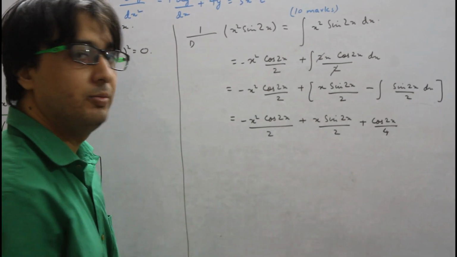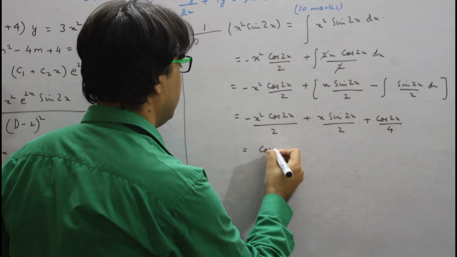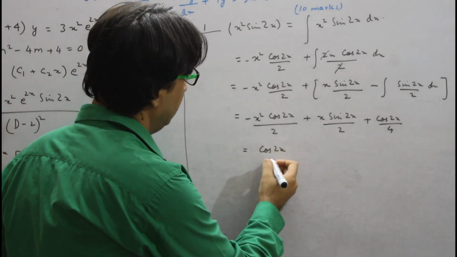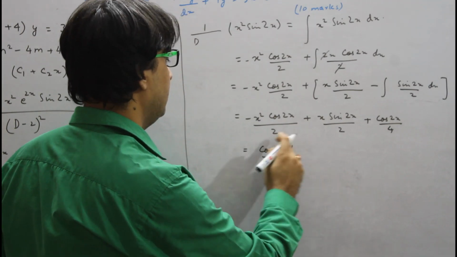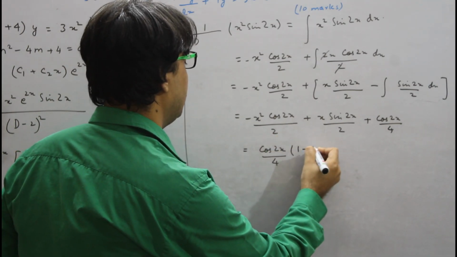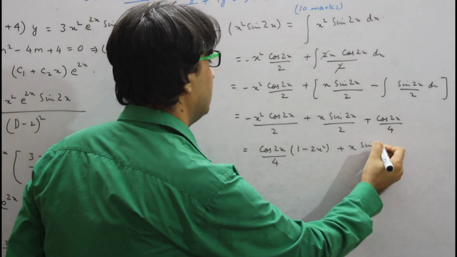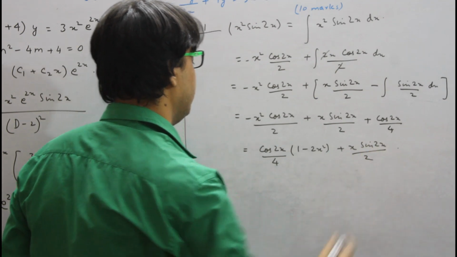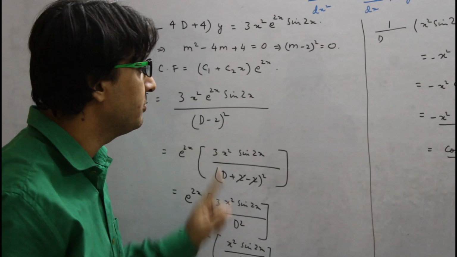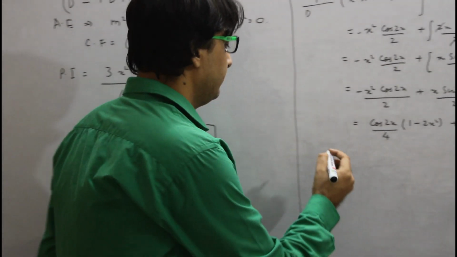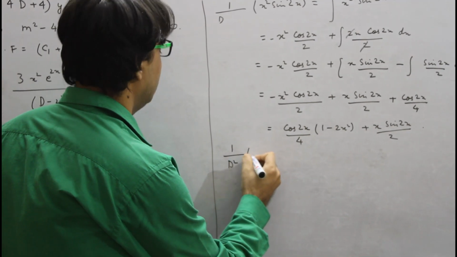Okay, so we can club this one and this one, so we can write cos 2x divided by 4. If we write here, this becomes (1 minus 2 x square) plus x sine of 2x divided by 2. Alright, so we have found this integral one time, we have to find it one more time.